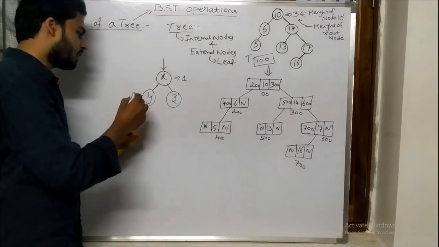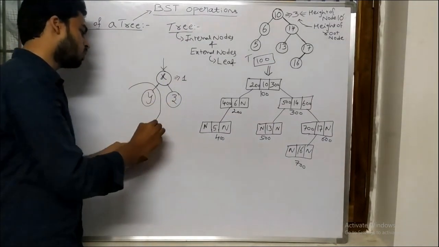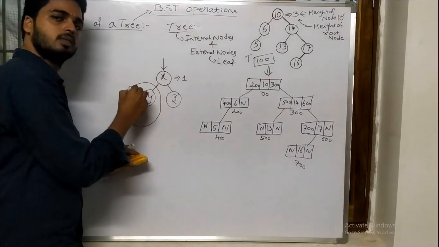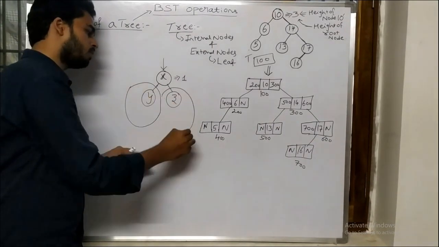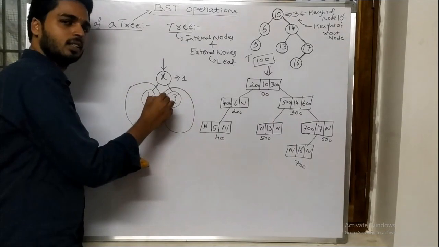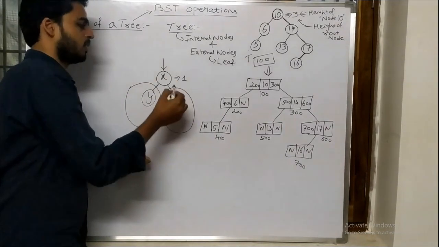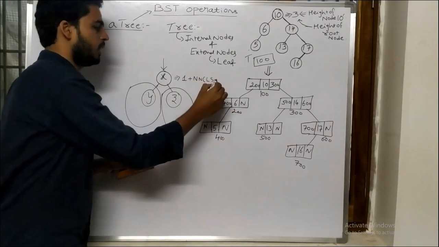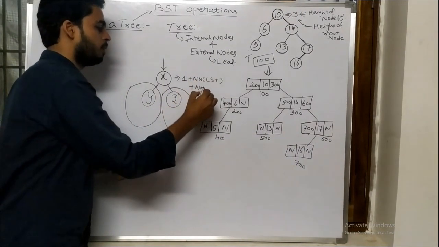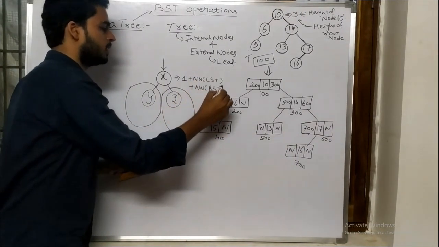Then I will calculate the total number of nodes present in the left subtree. Then I can calculate the total number of nodes present in the right subtree. Then I will add it with the 1, meaning the number of nodes in the left subtree plus the number of nodes in the right subtree.